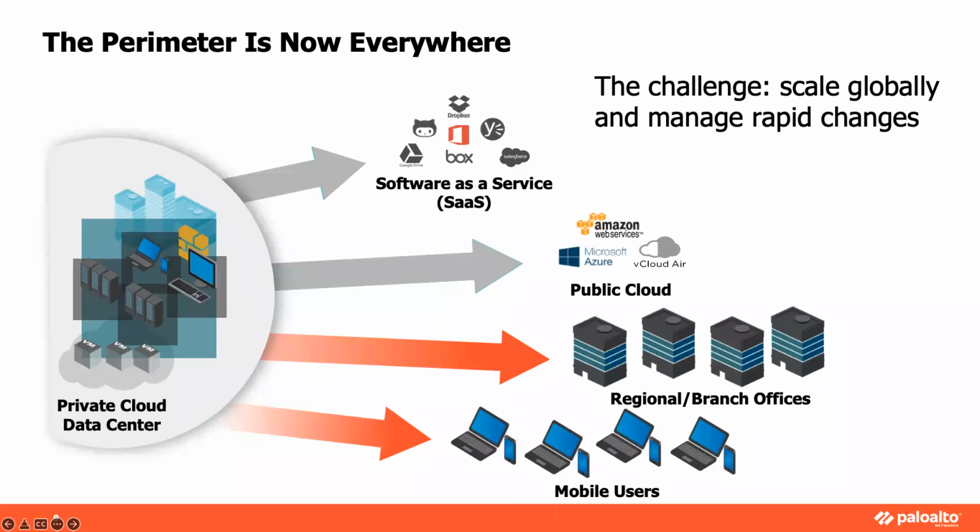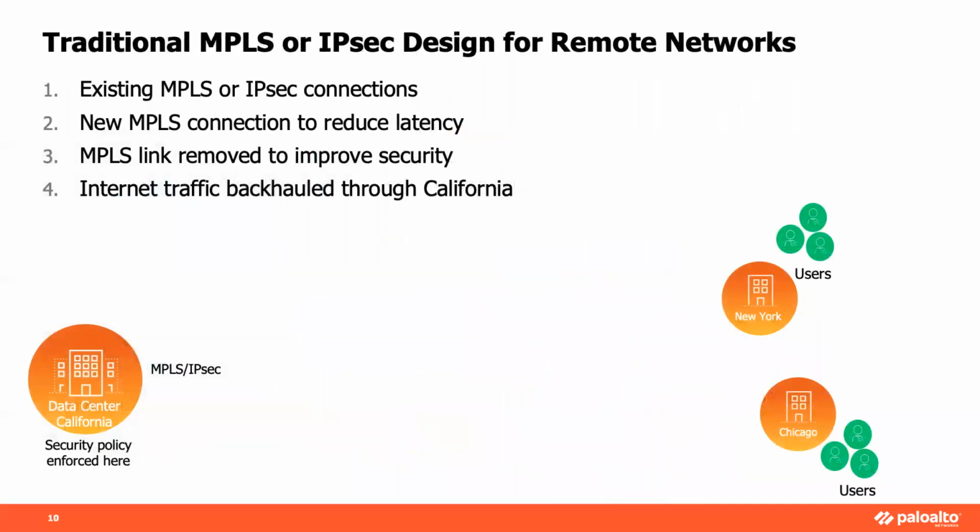But the explosion of mobile users has been exponential over the last couple of years, and trying to keep pace with that has been a difficult problem. So these two things, the regional branch offices and the mobile users, are big problems that our SASE solution provides solutions for. So let's look at that.